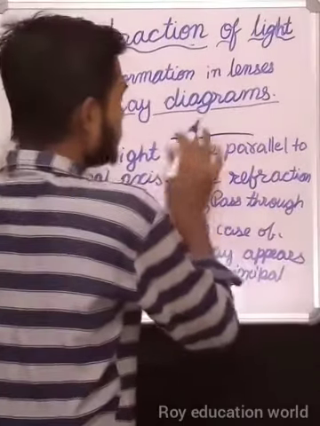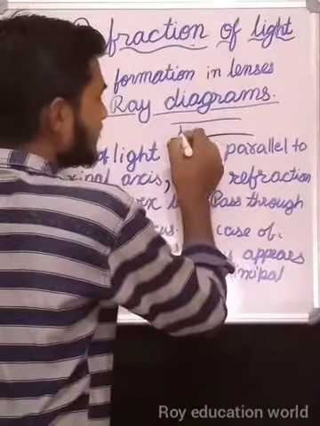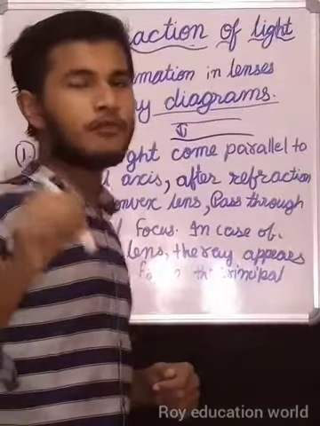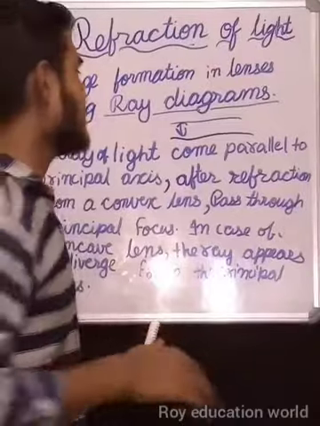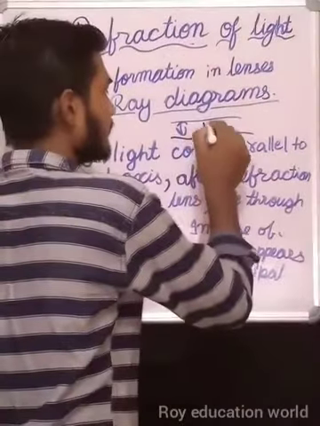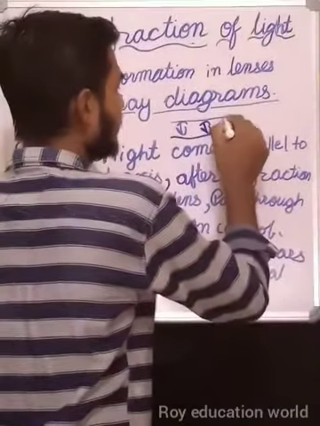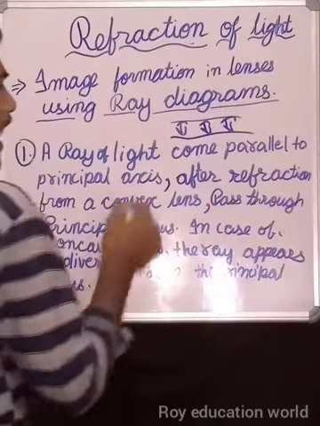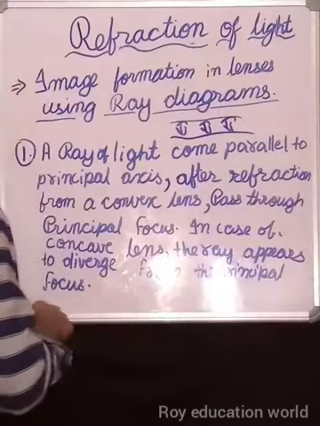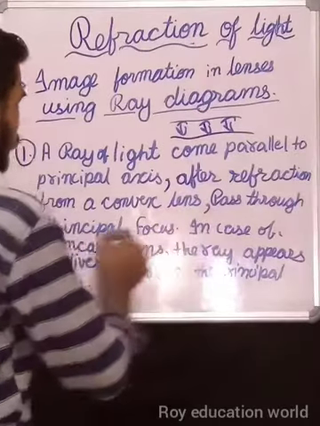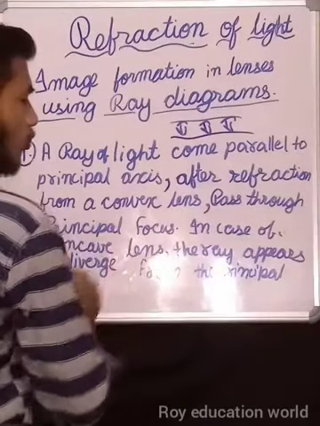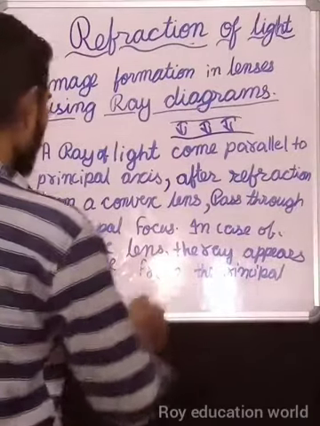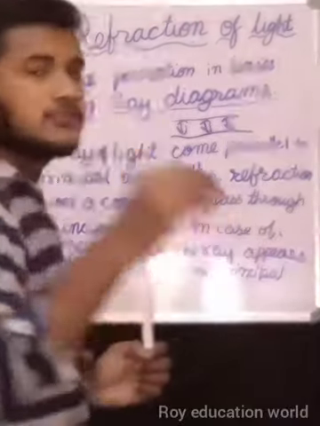Parallel to the principal axis, what is the meaning? It means the distance between the ray of light and the principal axis is always the same. A ray of light coming parallel to the principal axis, after refraction from a convex lens, passes through the principal focus. In case of a concave lens, a ray appears to diverge from the principal focus.